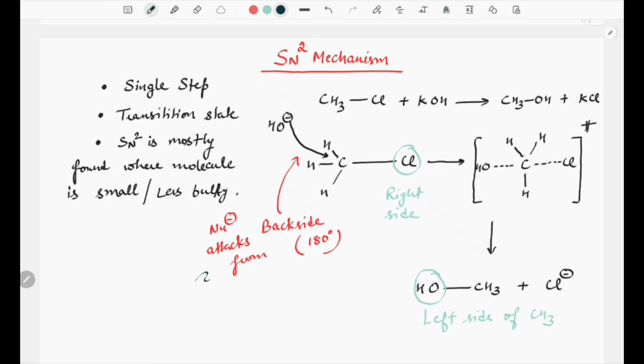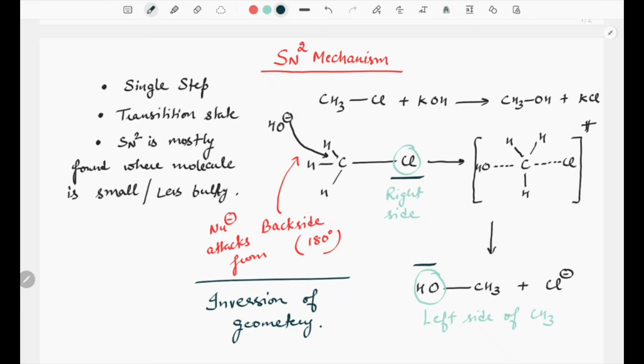This is what we call inversion of geometry. That is, where Cl was present at the starting of the reaction, OH now occupies exactly the opposite position. This is what we call inversion of geometry.